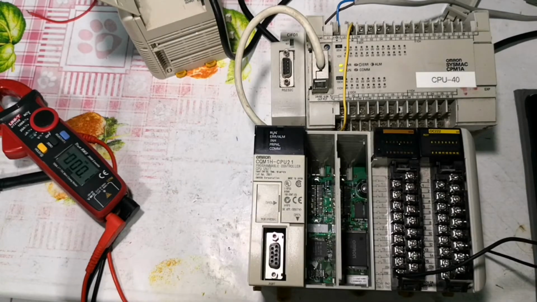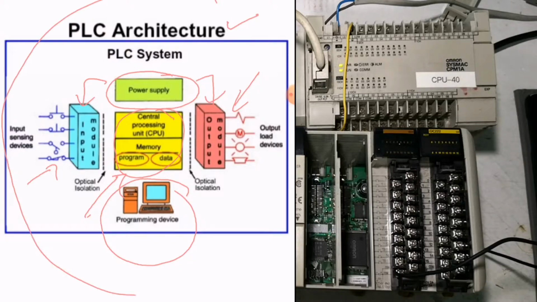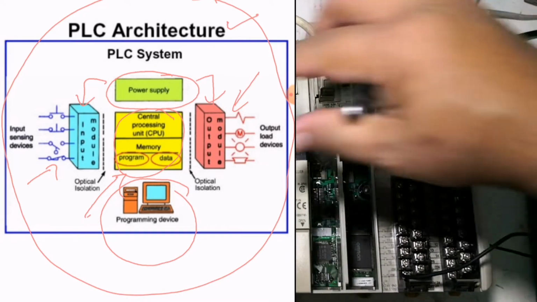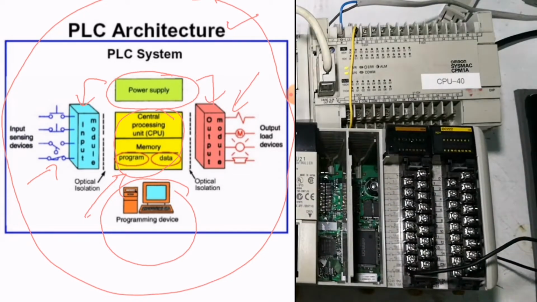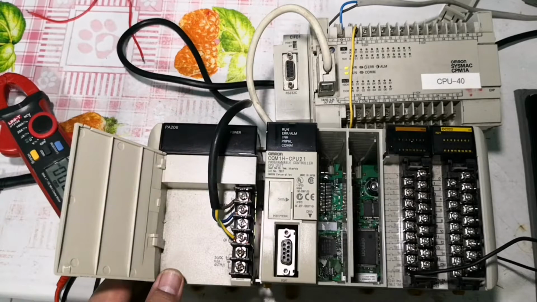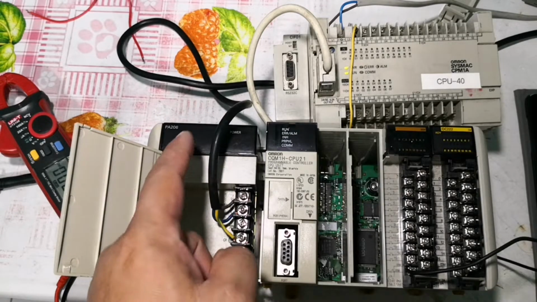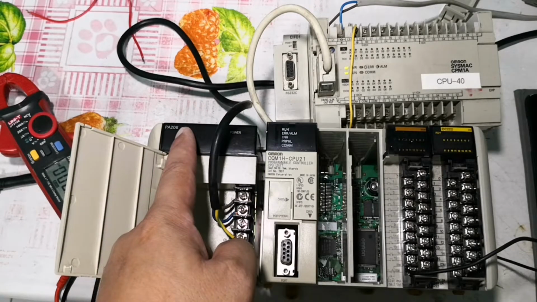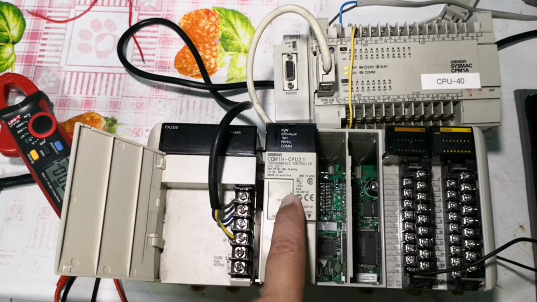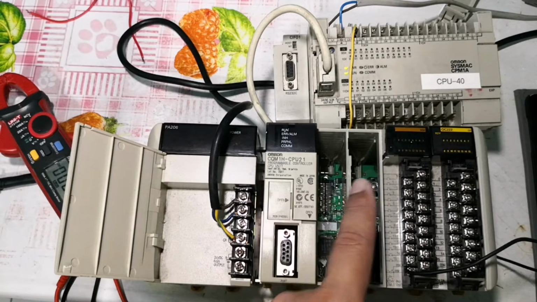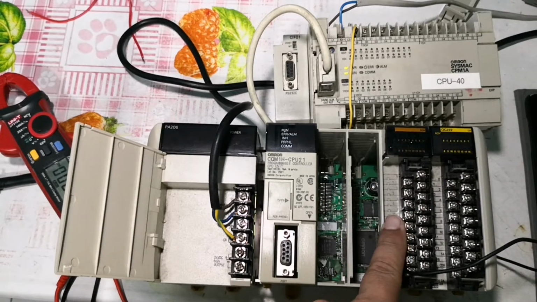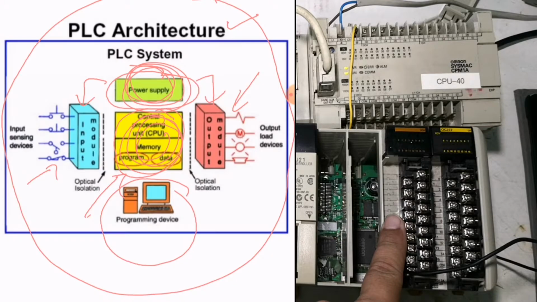Okay, so we already looked at the system. Okay, all right, so this is the power supply. This is the CPU. This is the input module. You can see all this.